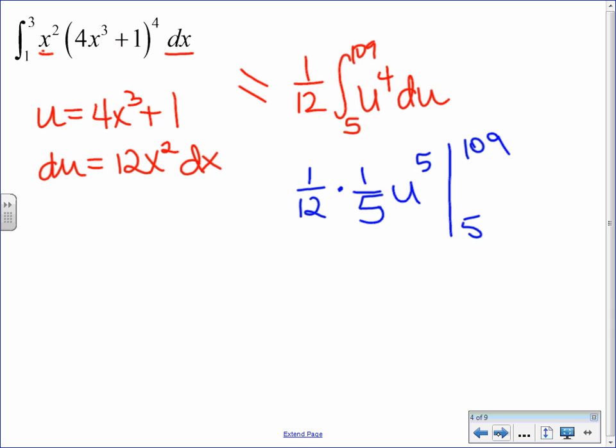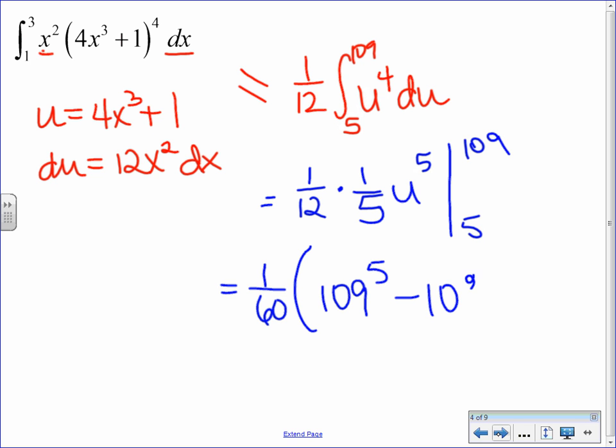From 5 to 109. So we have 1/60th times 109 to the 5th minus 5 to the 5th. Do you notice what I just did here? I put the 1/60th out in front, and then I put these in parentheses. Is everyone okay with how I wrote that?